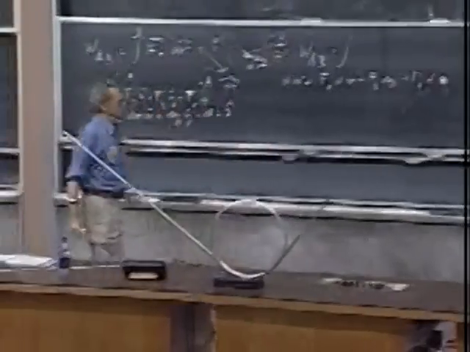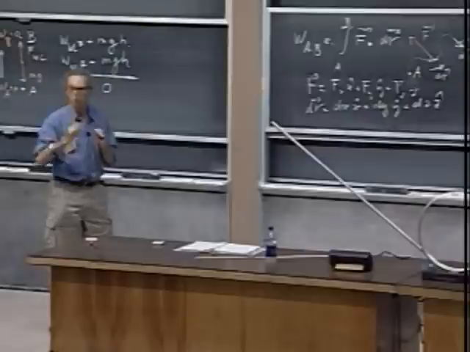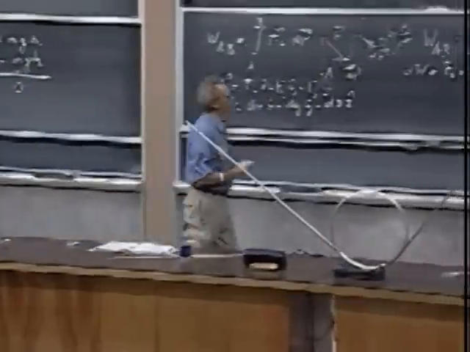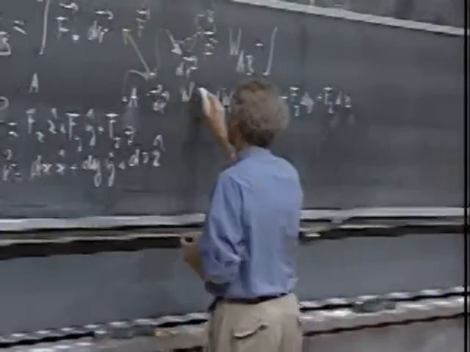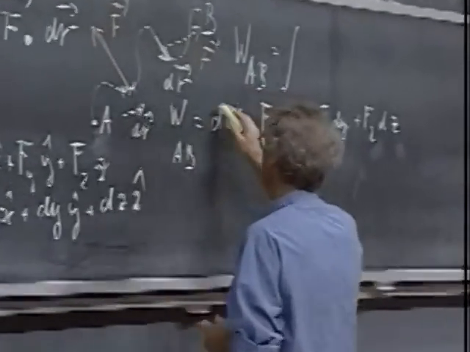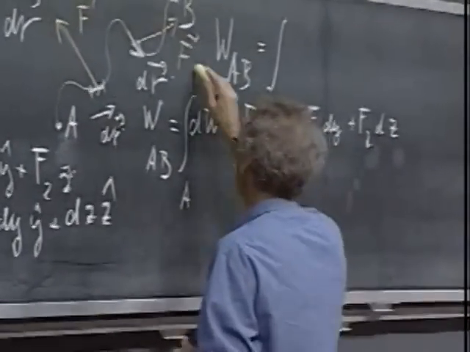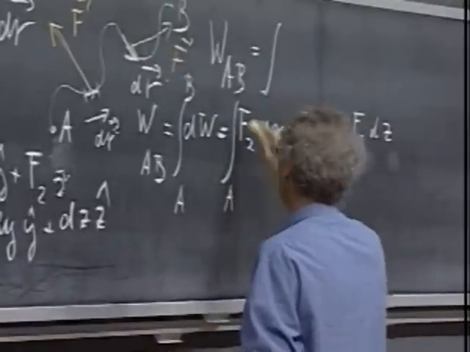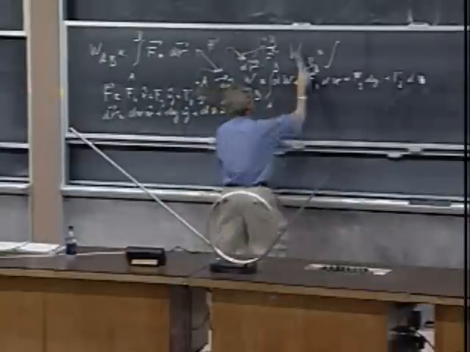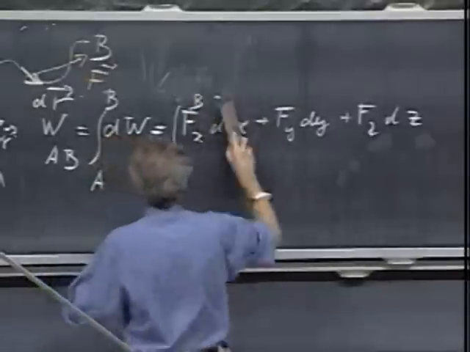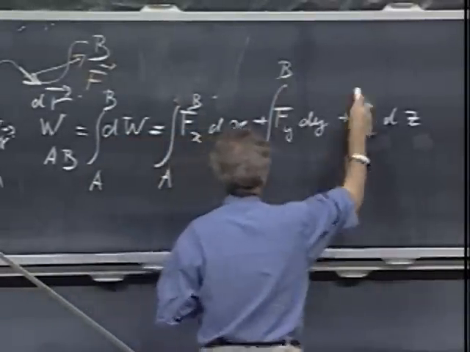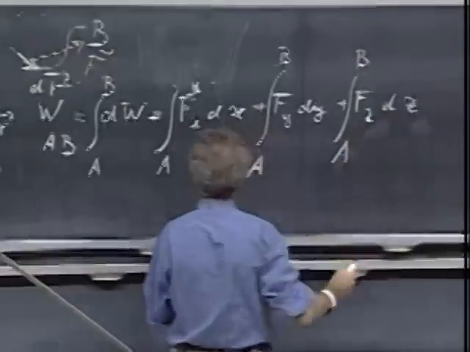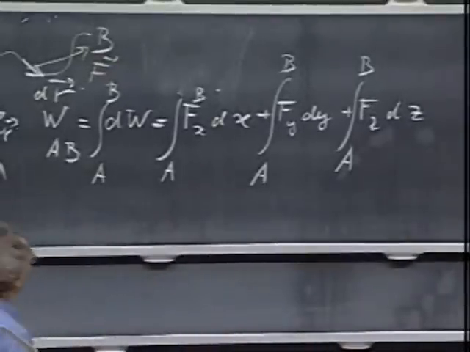That is a little bit amount of work if the force is displaced over a distance dr. Now I have to do the integral over the entire path to get W from A to B. That's an integral going from A to B, integral going from A to B, integral going from A to B. Now we're home free because we already did this.